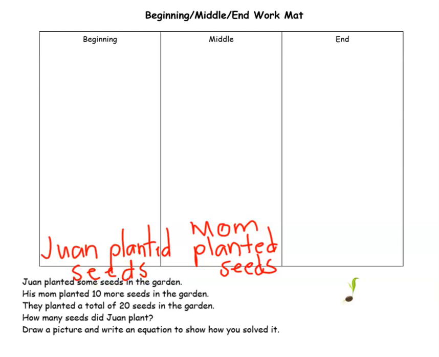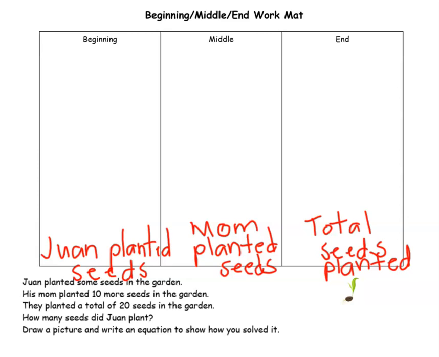So in the end, these were the total seeds, right? These are all of the seeds, the total seeds planted. So if I really think about what's happening in the story, it can help me think about what's the beginning, middle, and end.